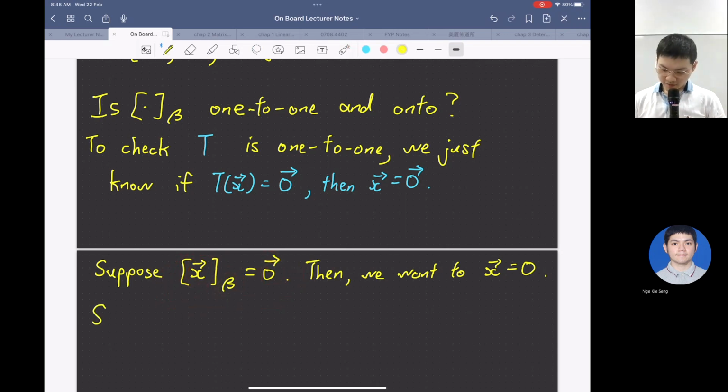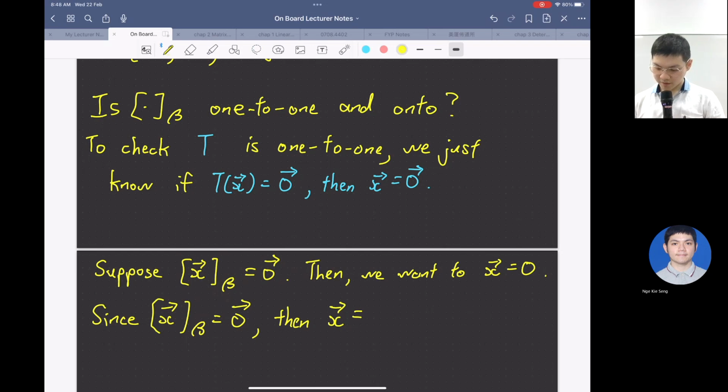Since the coordinate vector of x equals 0, x is equal to 0 times b1 plus 0 times b2 plus all the way to 0 times bn, which means x is the 0 vector.